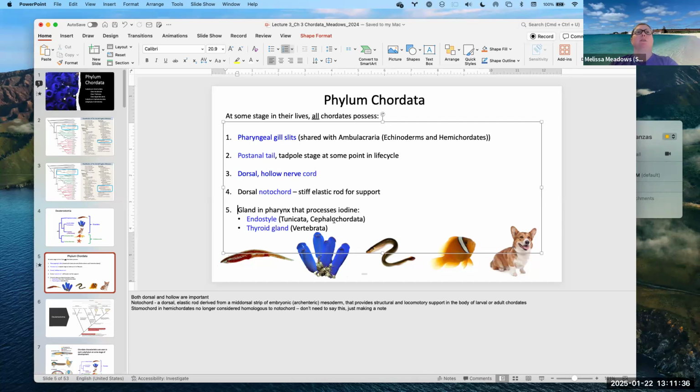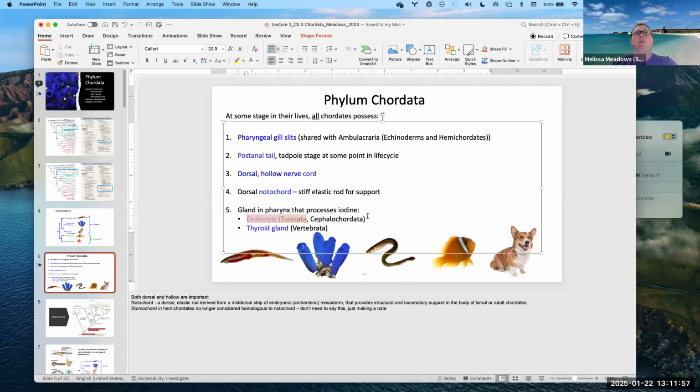And then the other one that actually doesn't get covered very often is that we have some kind of gland in the pharynx region. Again, that's the throat, that produces or processes iodine.